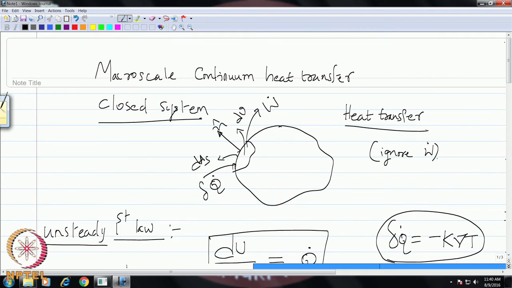So, the same thing can be extended to an open system where you also have a mass flux. In that case, you also write the continuity equation to balance what is the incoming mass and what is the outgoing mass, and there is also what we call enthalpy, which is advected by this mass.